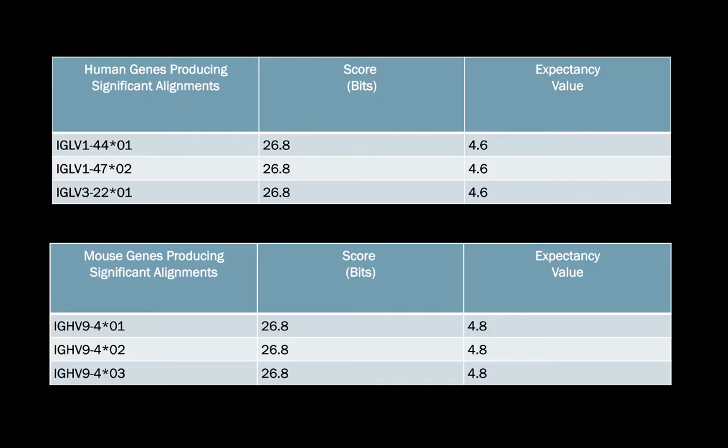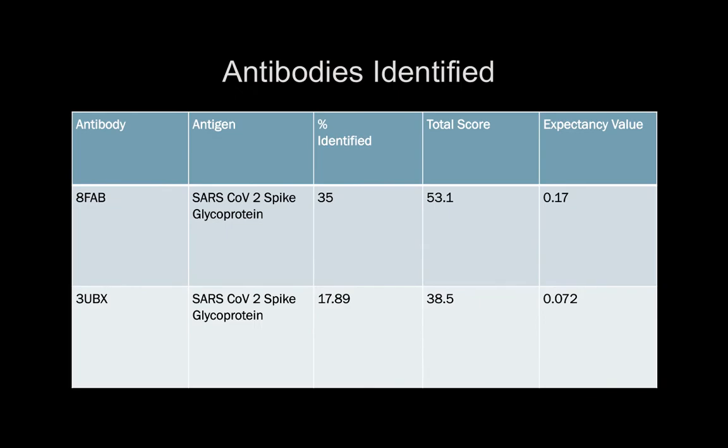these genes, and they had significant similarities to the spike glycoprotein, but obviously a gene is not an antibody. So we had to do further work to understand which antibodies these genes coded for. And we eventually were able to find 2 antibodies that these genes coded for, and then we were able to figure out if these 2 antibodies themselves had significant similarities to the SARS-CoV-2 spike glycoprotein, which you can see here that they did.